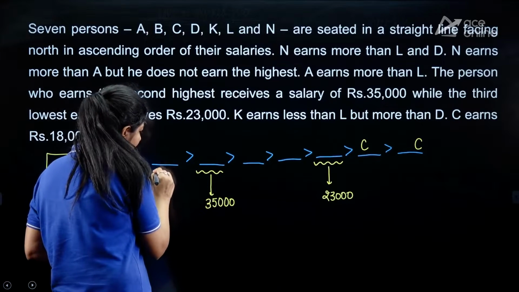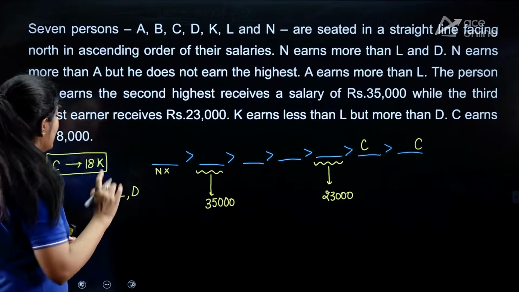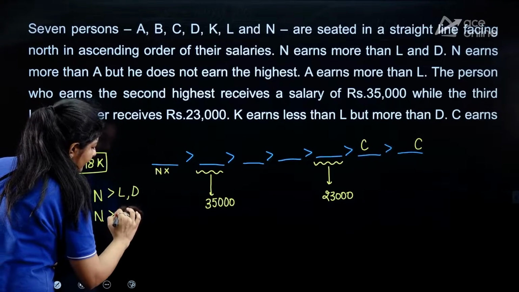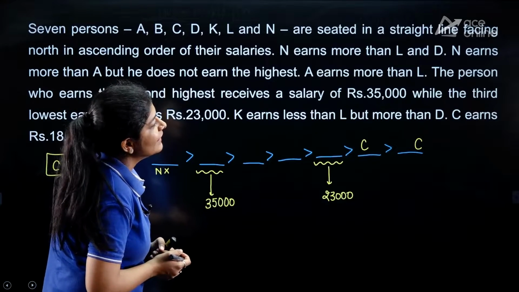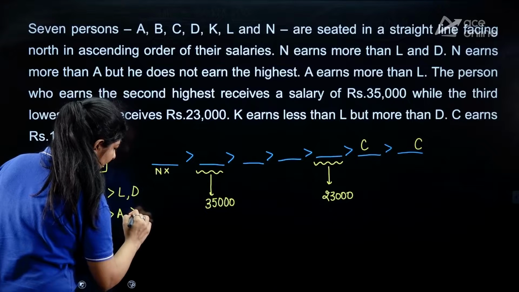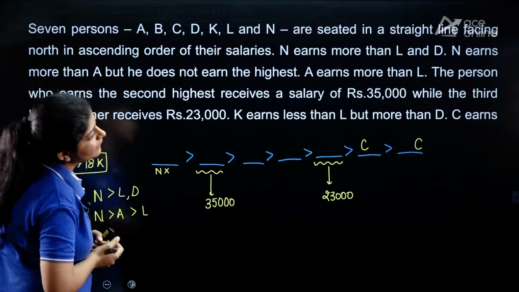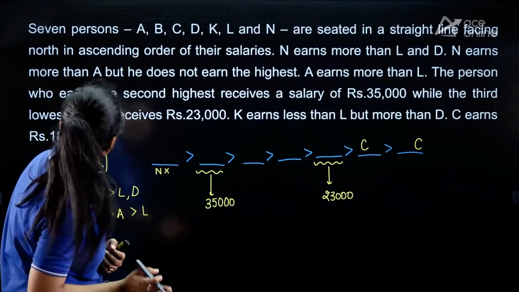That means we can't put N over here, but all we can say is that N earns more than A, right? Next, A earns more than L. So I can combine it together. Okay, this is the thing that we are having.